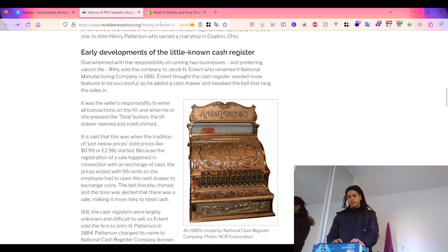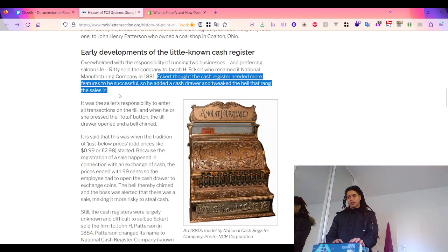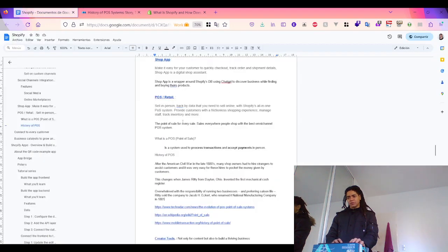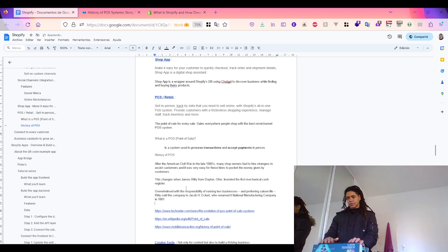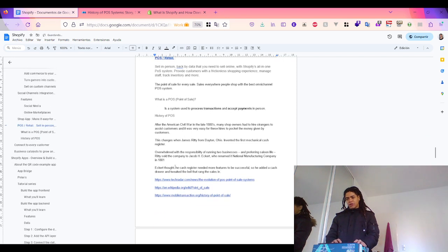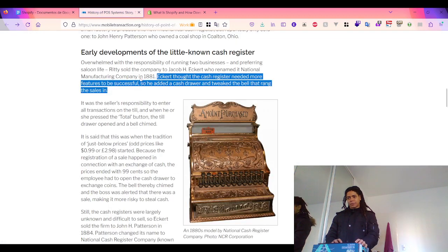So what Jacob Eckert did is, he thought the cash register needed more features to be successful, so he added a cash drawer and tweaked the bell that rings the sales.